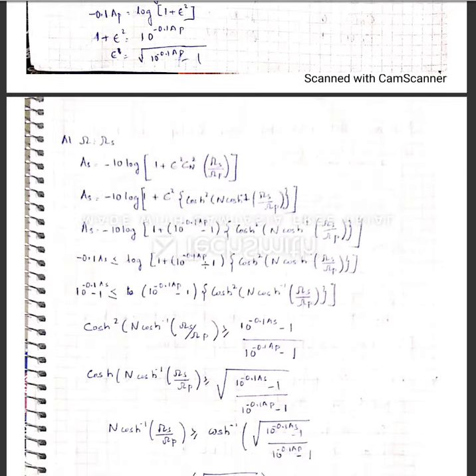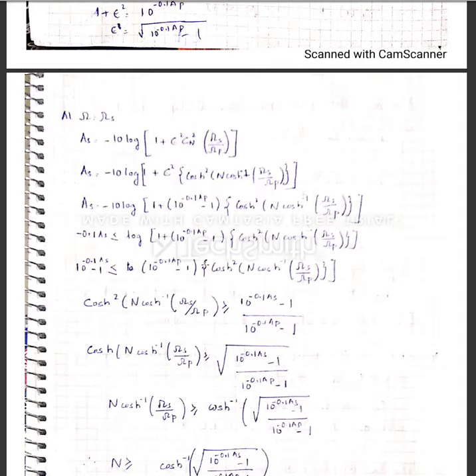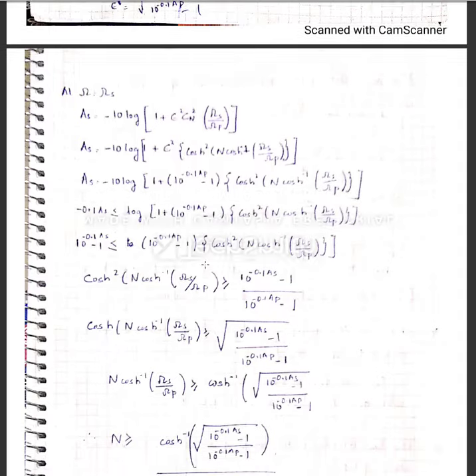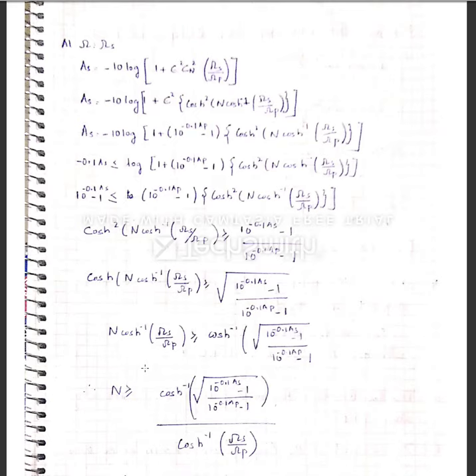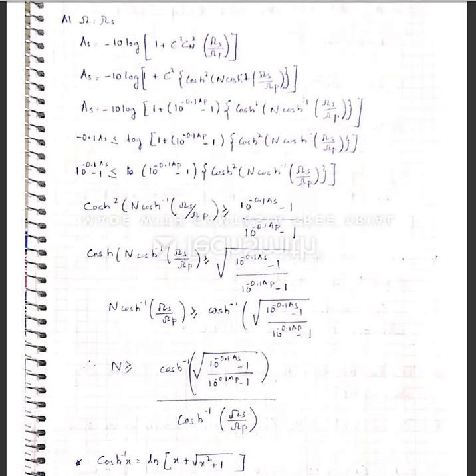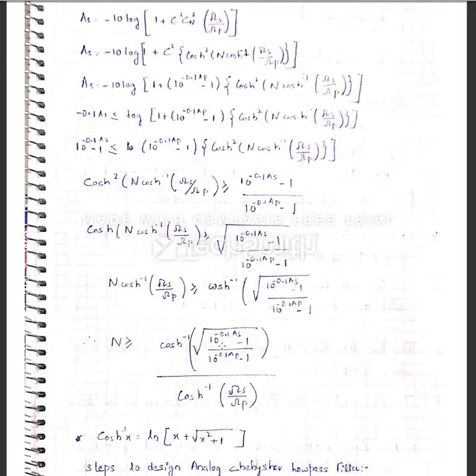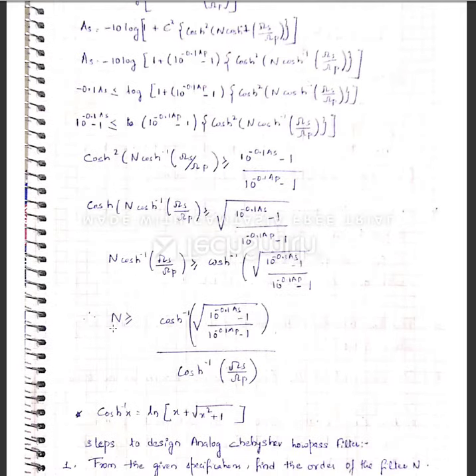So substitute this, again 10 is taken, log is taken here, and you can solve it. If you have doubts you can ask me. So you will finally end up getting n greater than or equal to, see, this equal to sign is changed to less than or equal to, so if you bring it to the right hand side, this will be greater than or equal to. So n greater than or equal to cosh inverse, this is the formula for n.